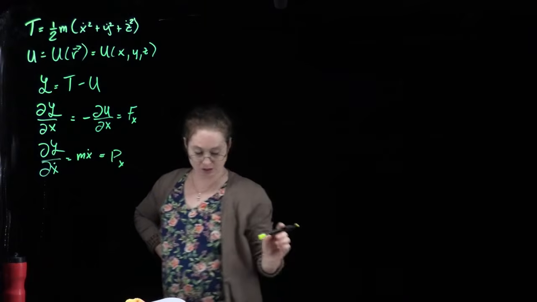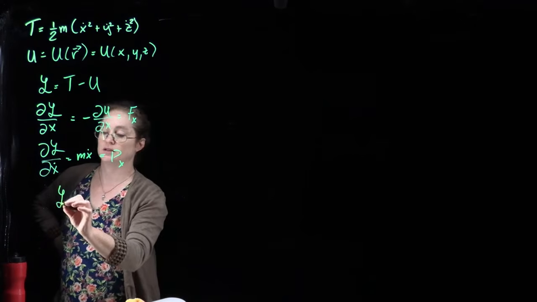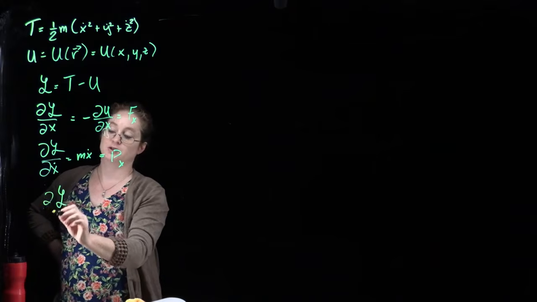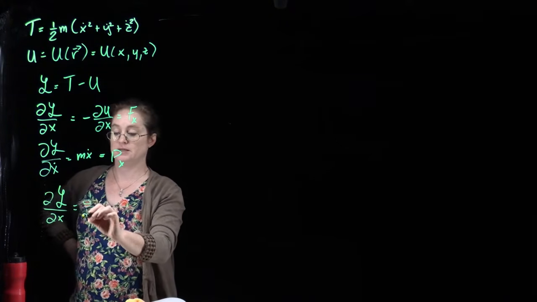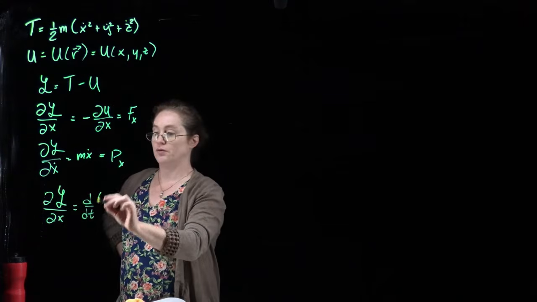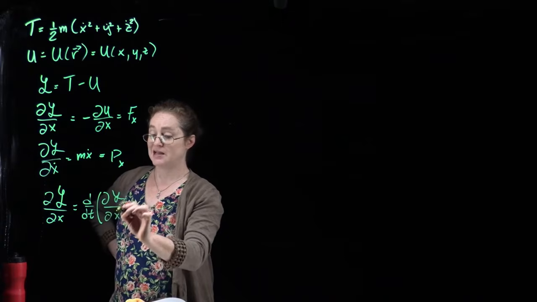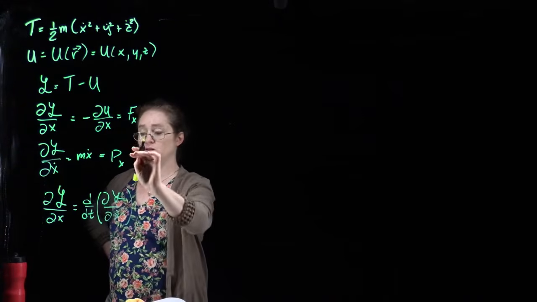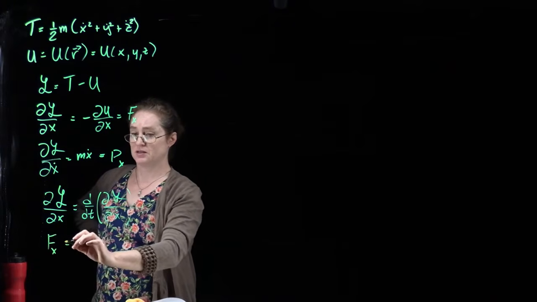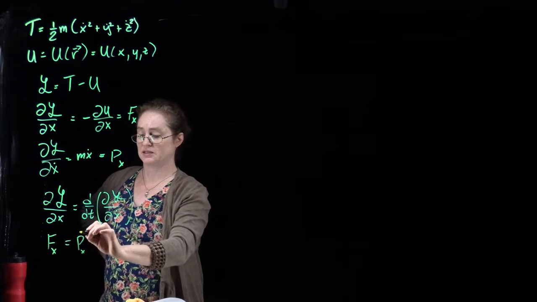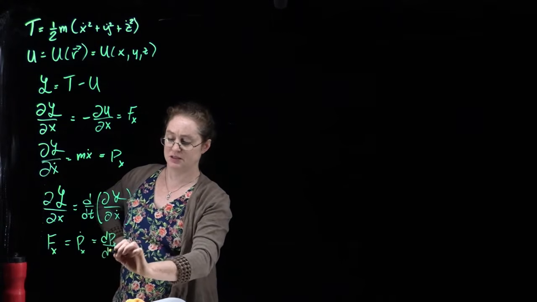And then we can apply the Euler-Lagrange equations, and this says that partial L partial x is equal to d/dt of partial L partial x dot. And using these two definitions, this just tells us that Fx is equal to px dot, or dpx/dt.